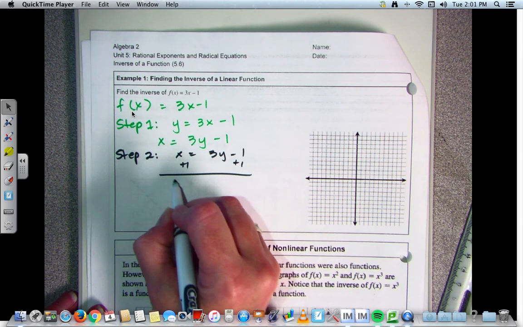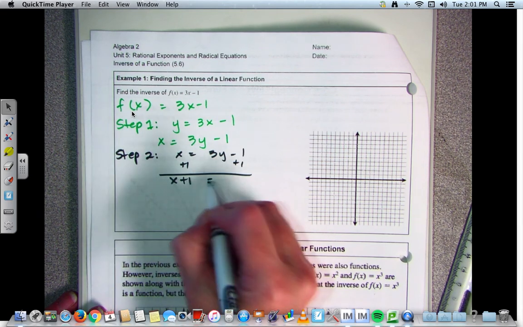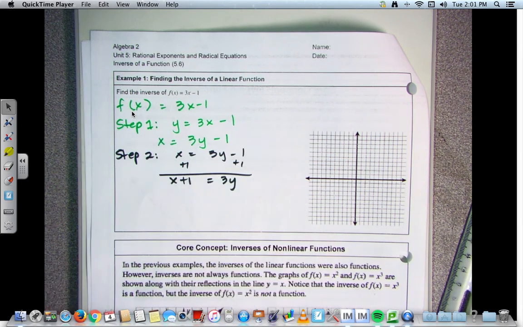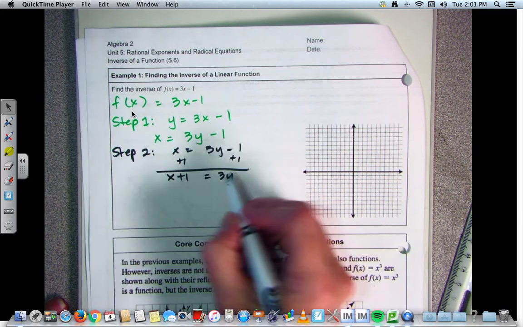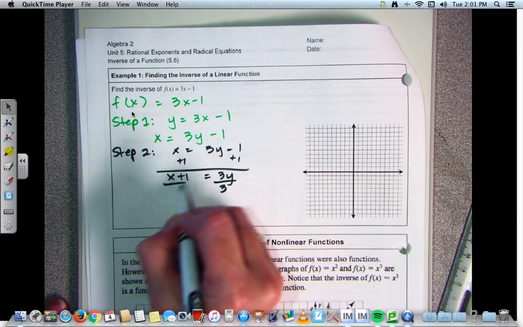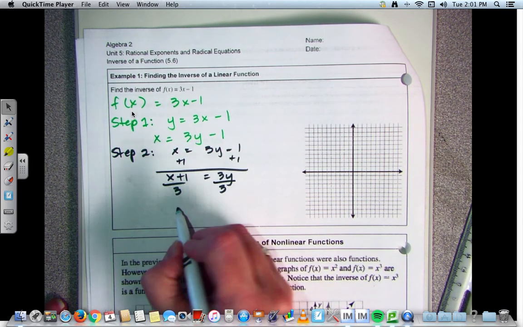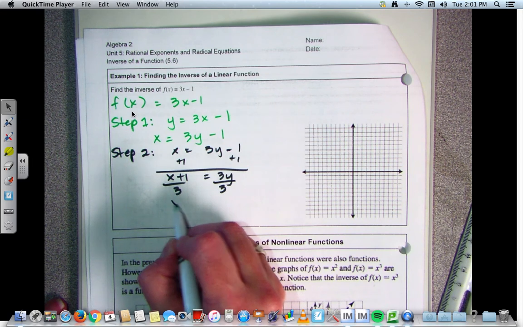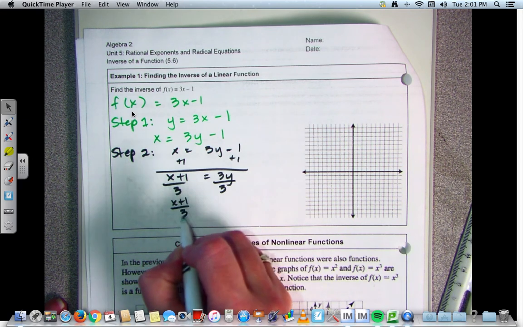So now we have x plus 1 equals 3y. We still want to get y all by itself. 3 and y are being multiplied. We have to undo that, so we need to divide by 3. So we have x plus 1 over 3 equals y.